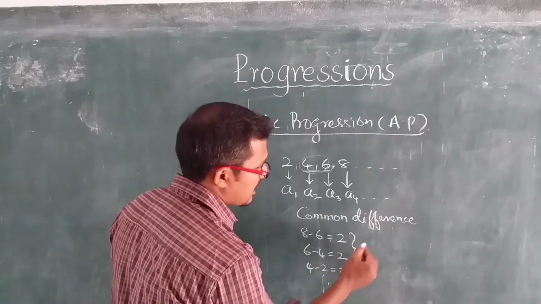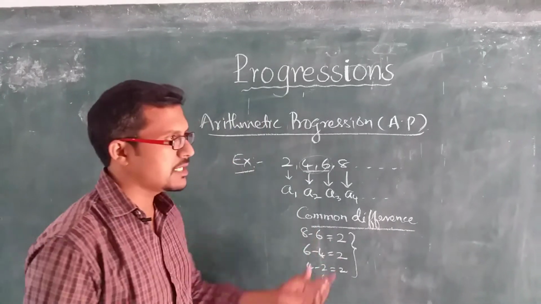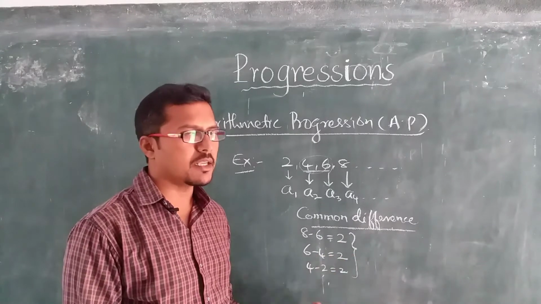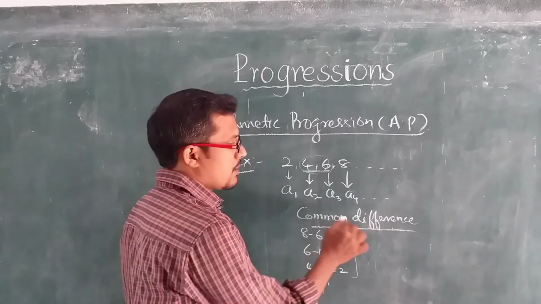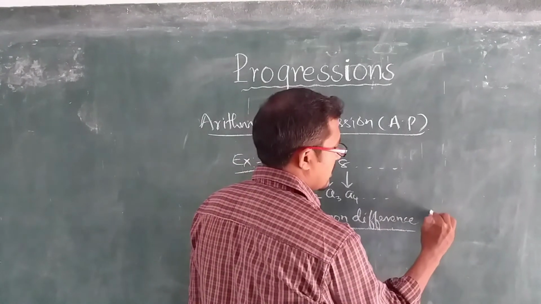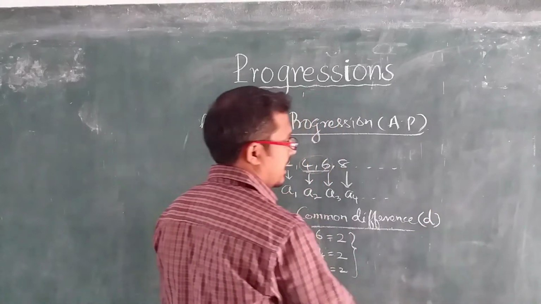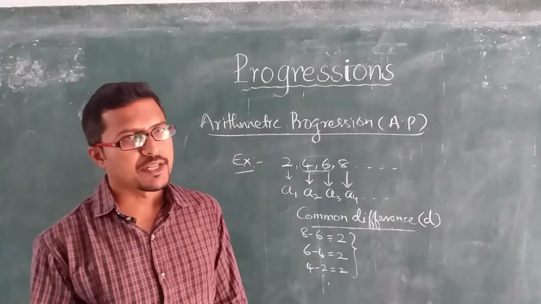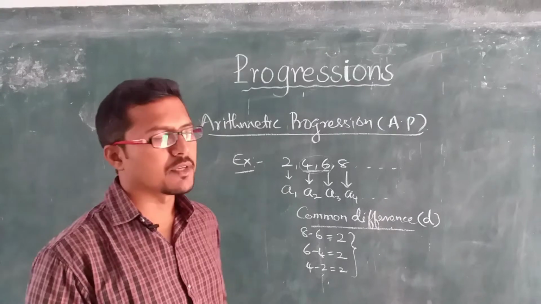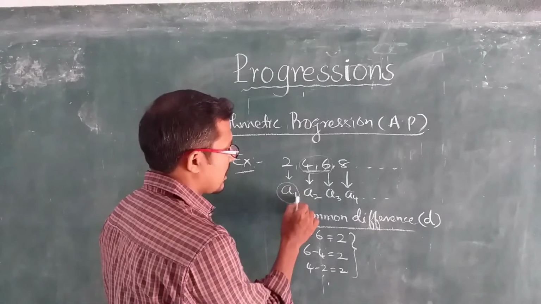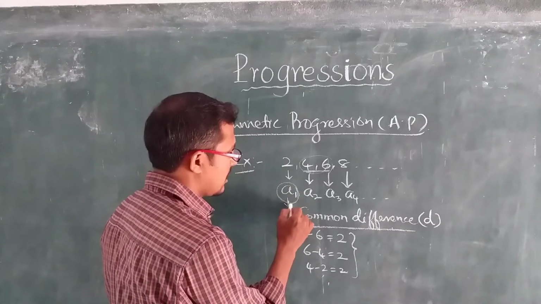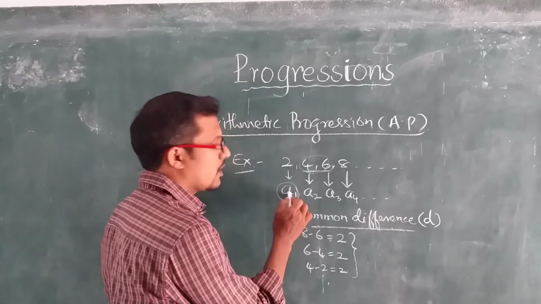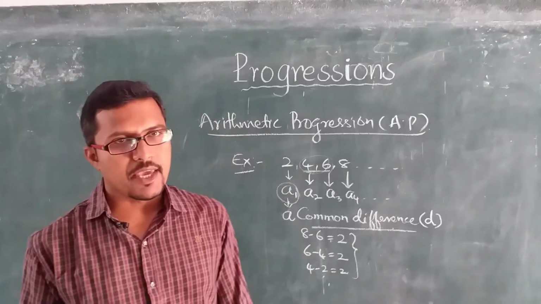So the common difference is always the same in an arithmetic progression. This common difference is denoted with a small d. One more thing to observe: the first term is also represented as A1, or we call it A.